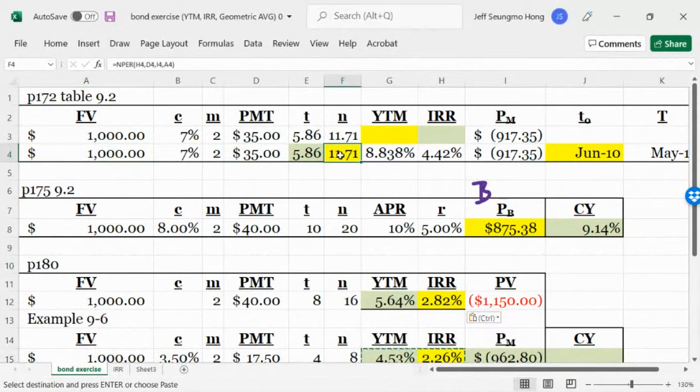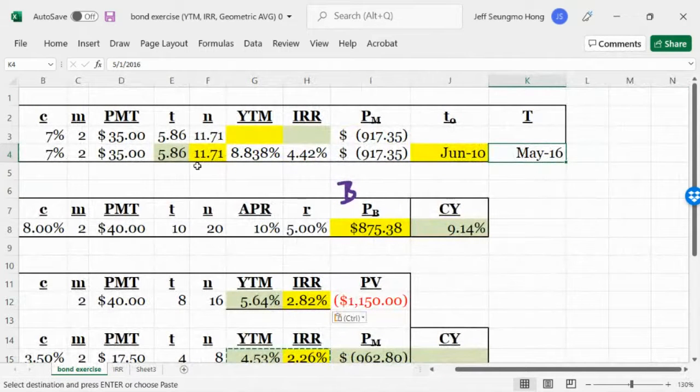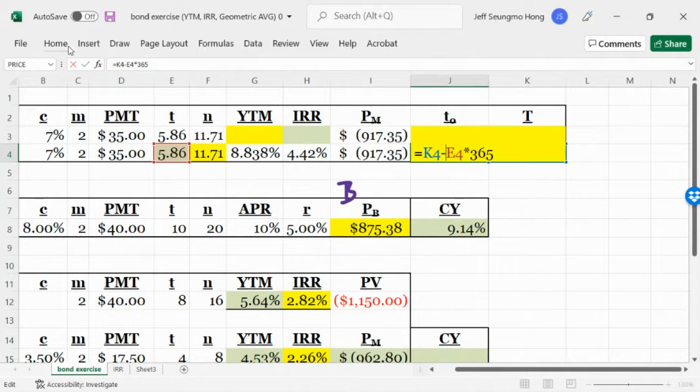I could find n, right? n is 11.71 semesters, which would be 5.86 years, and from this maturity date, if you take it back 5.86 years, then you get June of 2010, right?